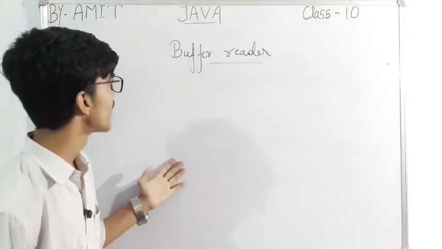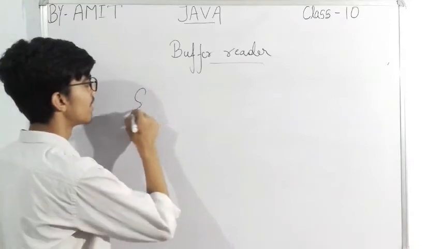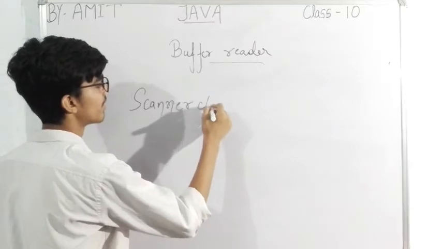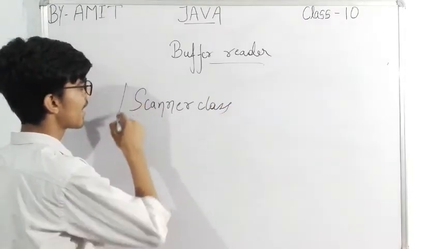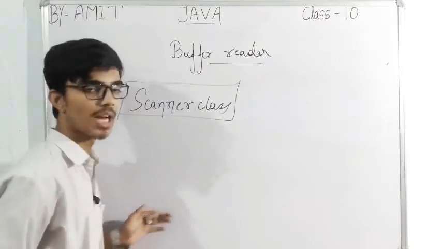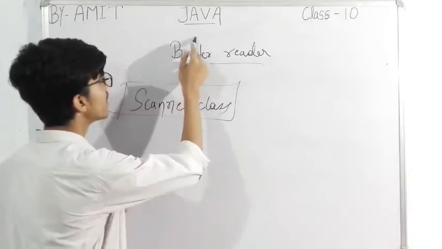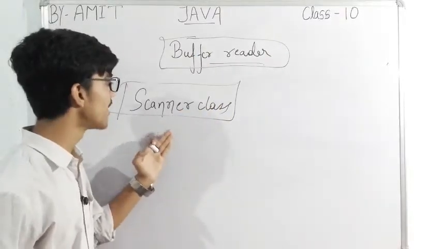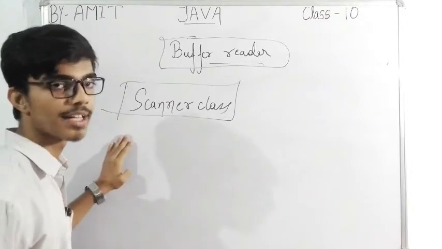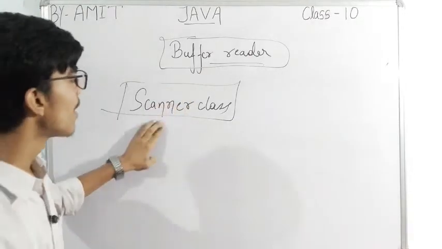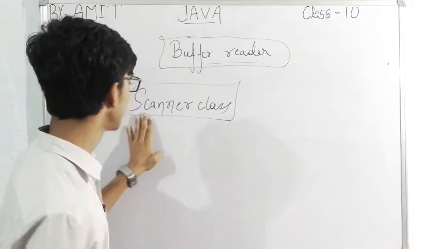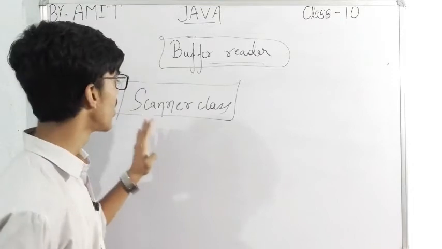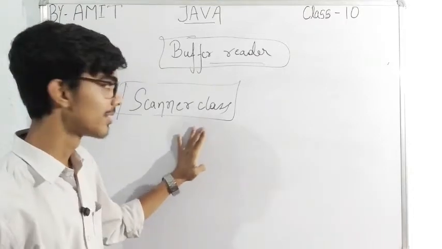So what is buffer reader? As we have the scanner class, which is one way in Java to write a program, this is another way to write the same program with a different syntax. The scanner class is generally used as it is the newest method to write programs.